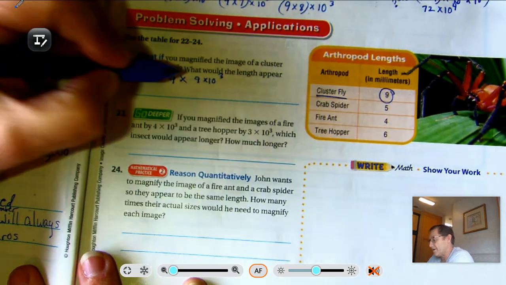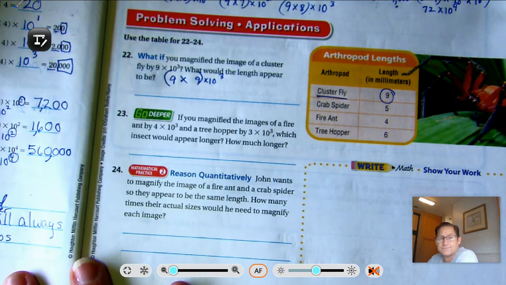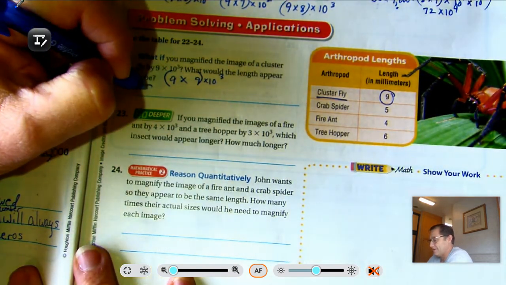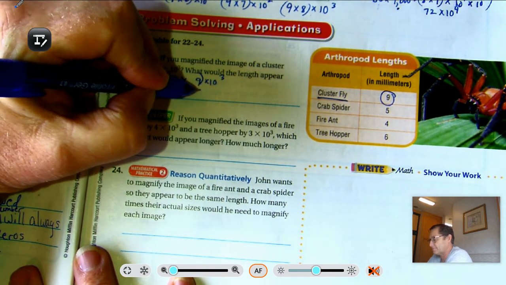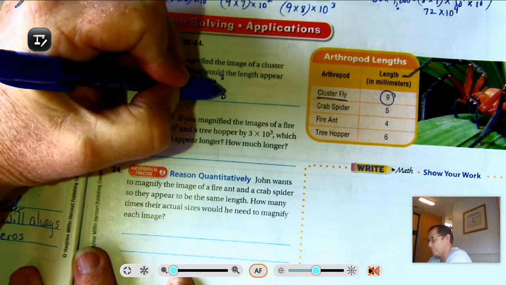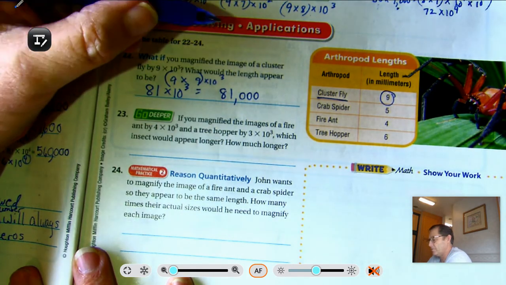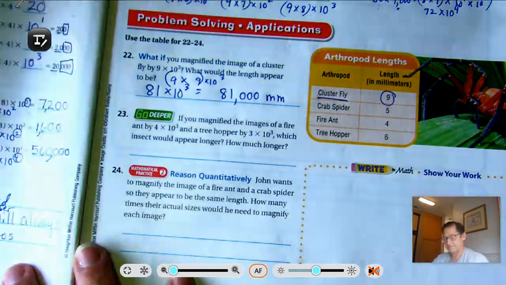Well, the associative property of multiplication says I can group numbers. So I'm going to group the 9 times 9, and that would be 81 times 10 to the third, which is the same as 81 followed by 3 zeros. So it would appear to be 81,000 millimeters.